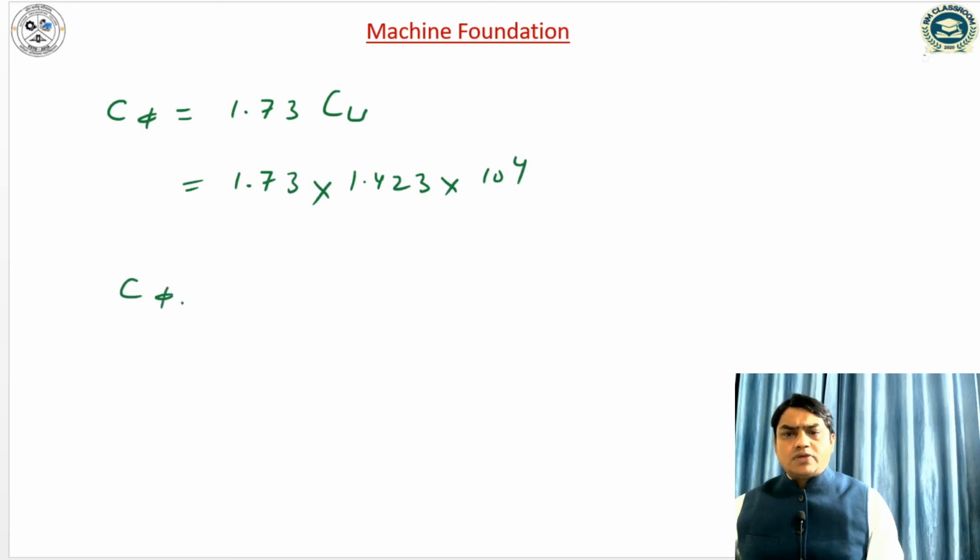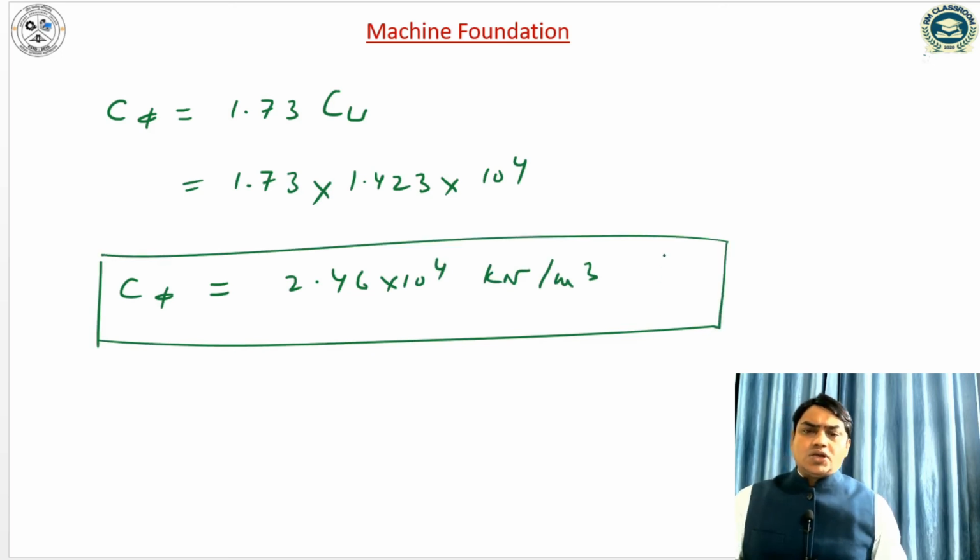So the value of C5 is equal to 1.73 into 1.423, which is 2.46 into 10 to the power 4 kilonewton per meter cube.